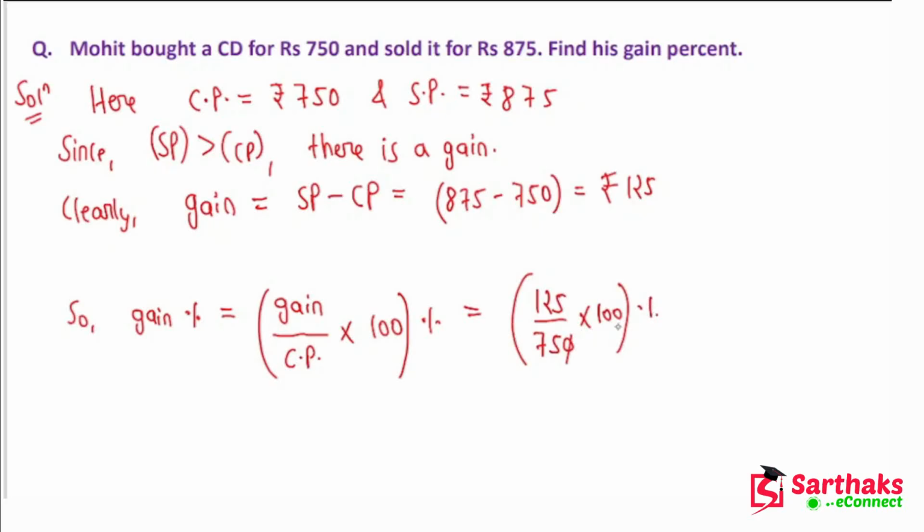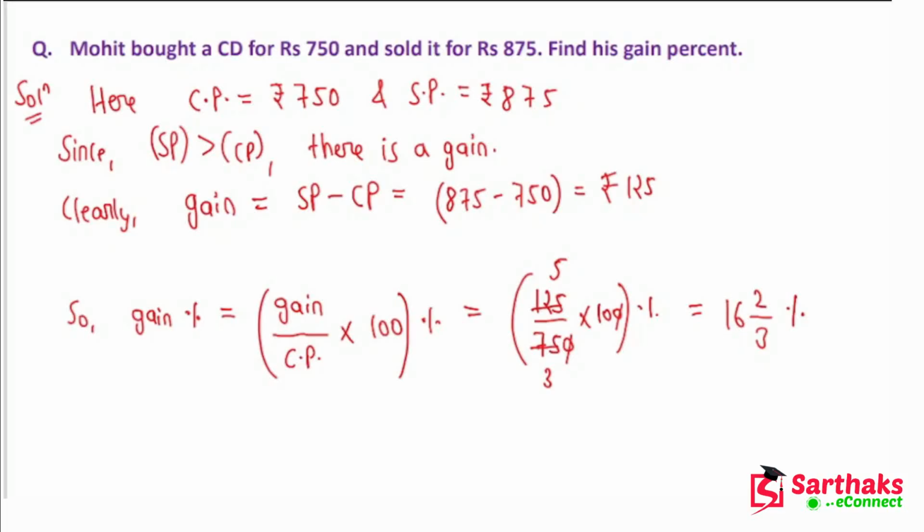So we'll cancel out the 0, and cancelling 25 as a common factor, we'll get 5 upon 3 over here. So it would be 50 upon 3, which would be 16 2/3%, or specifically 16.67%. So you can see Mohit is making almost a gain of 17% on selling a CD.